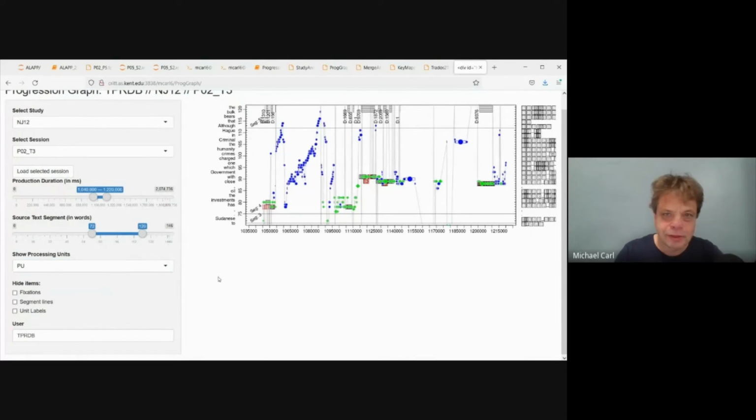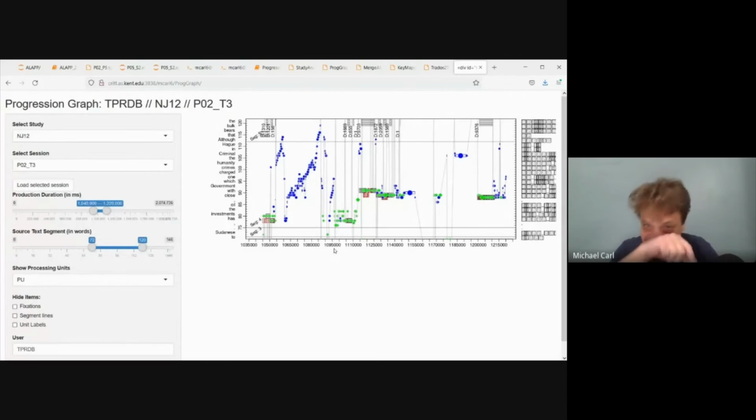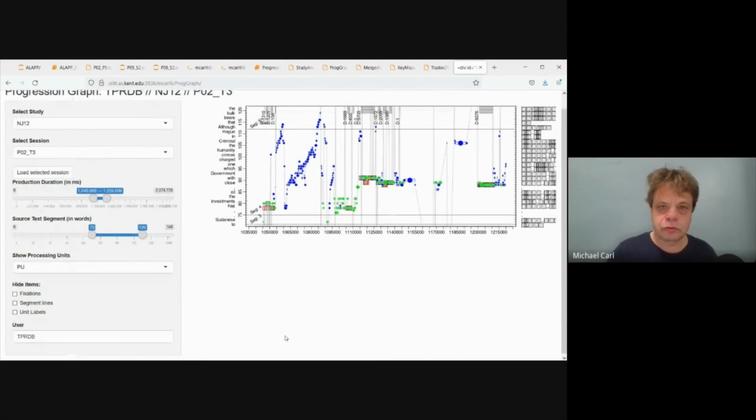It doesn't show the fixation units for some reason. But you can imagine that we would see along fixation units in blue, reading the source text, and then we would have green and red merging up. So this is one tool to visualize the process.